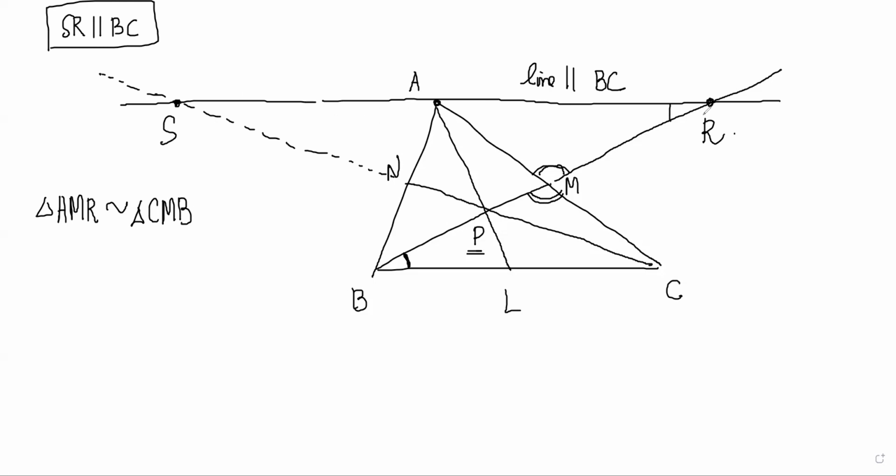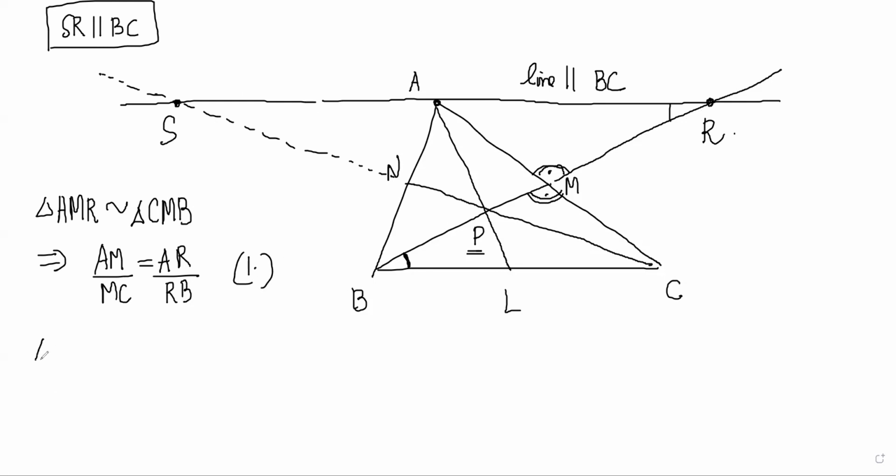Because the line SR is parallel to BC, the angle ARM is equal to MBC by interior alternate angles. And also there is a vertically opposite pair. So therefore this is a similar triangle situation. And when we write the ratio of the sides, you get AM by MC is equal to AR by RB. This is our first result.